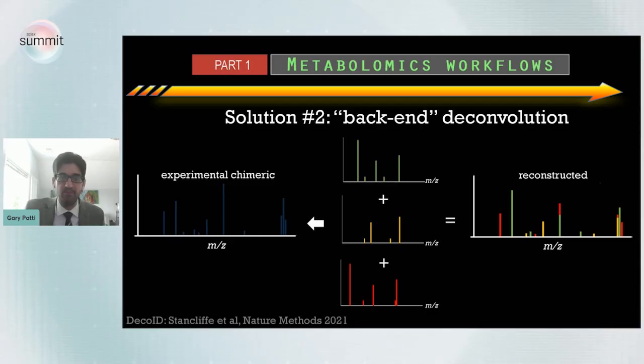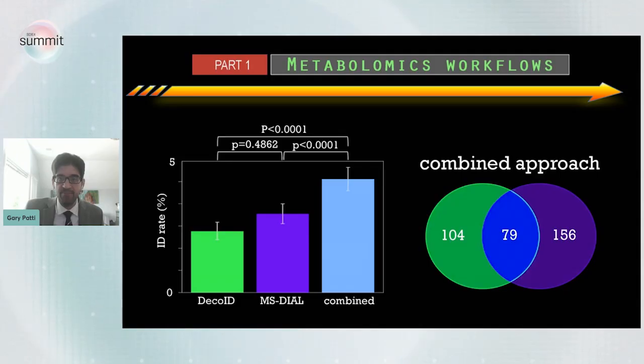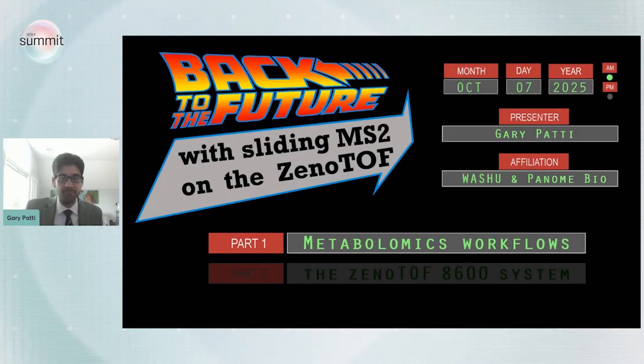That's a technique that we published a few years ago. It turns out that the database-assisted deconvolution and the retention time deconvolution are highly complementary. Sometimes the retention time deconvolution works, sometimes the database-assisted deconvolution works, but they both have unique scenarios where they work.